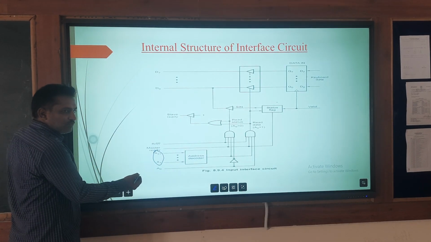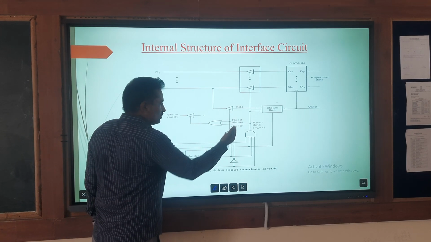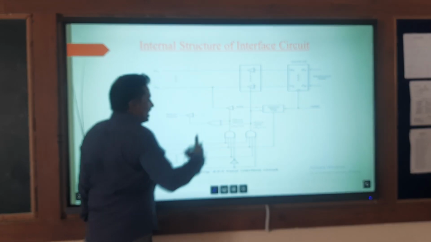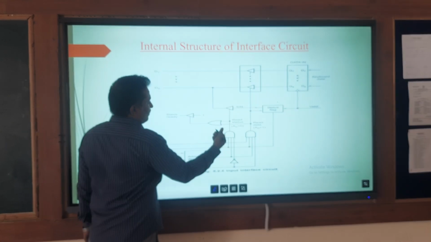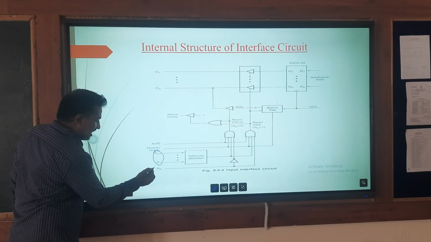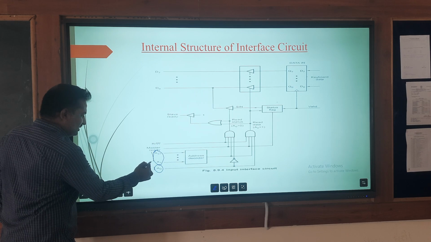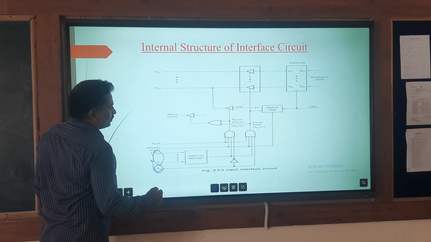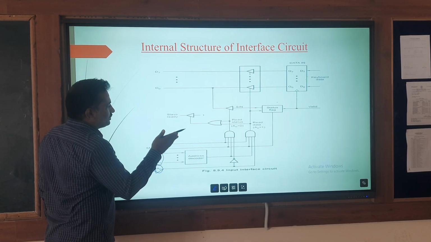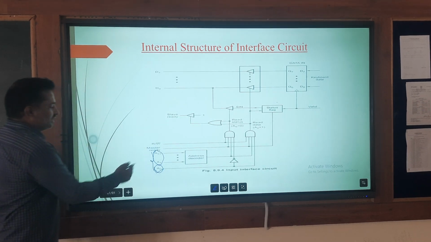This is my A0 line, and the A0 line is used to decide whether I read the data or read the status. Out of these 32 lines, only 31 lines are used for the address, and the A0 line is used to distinguish whether we are going to read the status or receive the data.